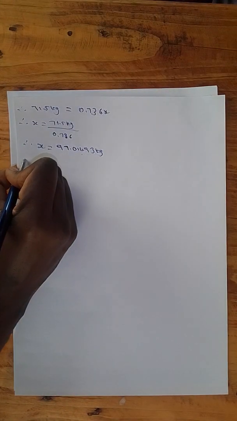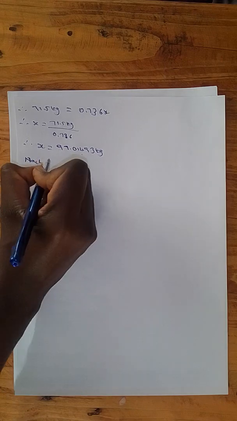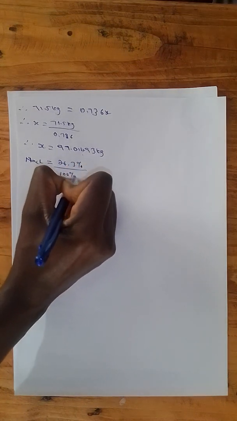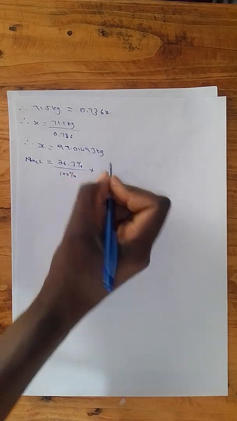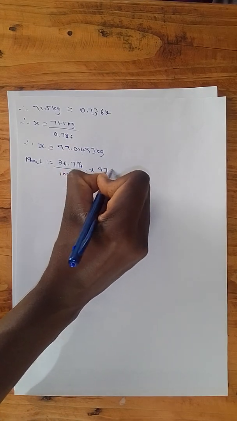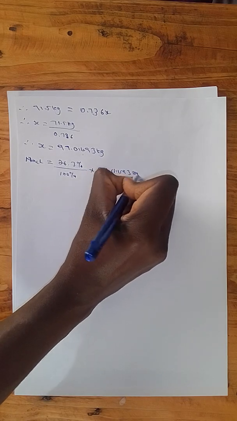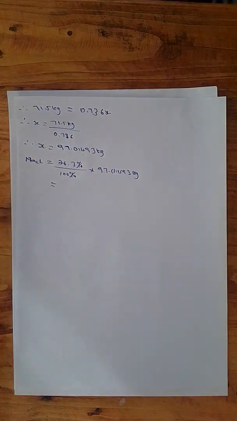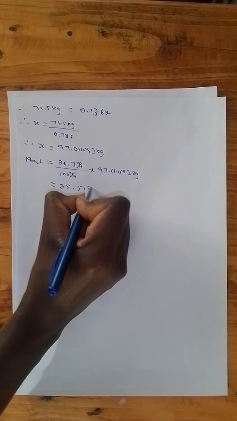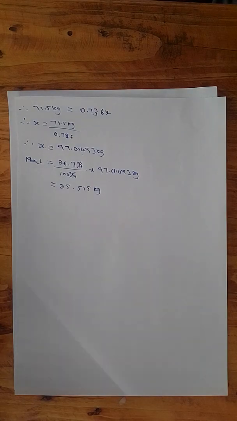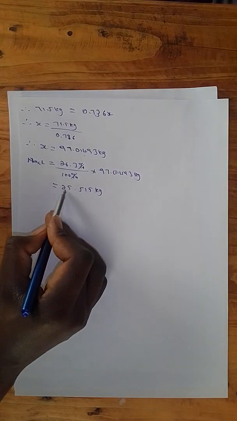So NaCl, still at 0 degrees, equals 26.3% over 100% multiplied by 97.01493 kilograms, and that gives us 25.515 kilograms. So the NaCl here is 25.515.